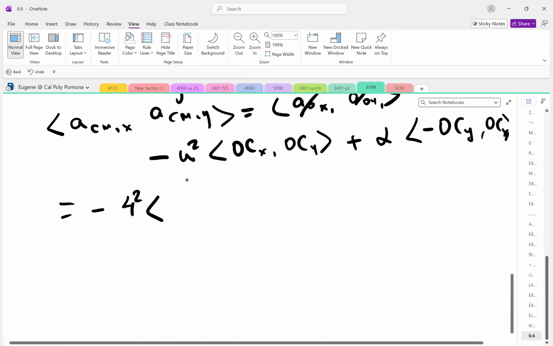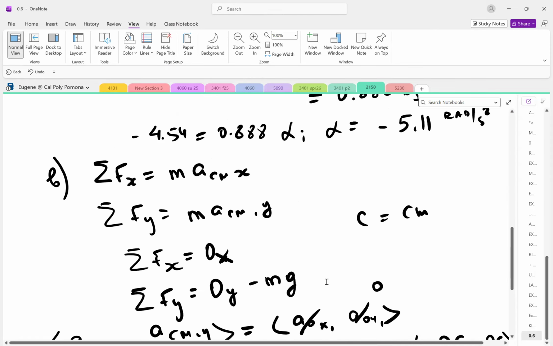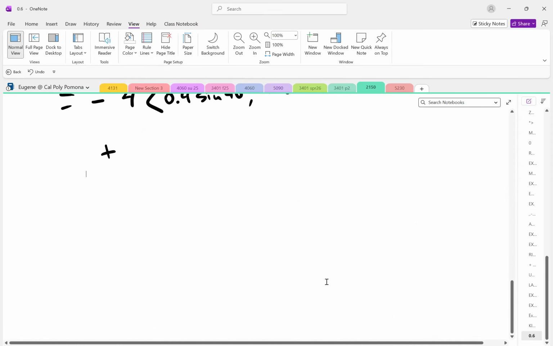With OCX and OCY, we'll write down OCX is 0.4 sine 40. OCY is minus 0.4 cos 40. The alpha we found to be minus 5.11.